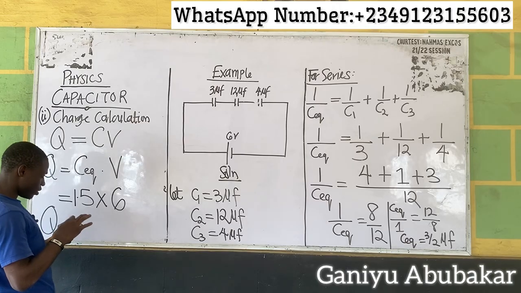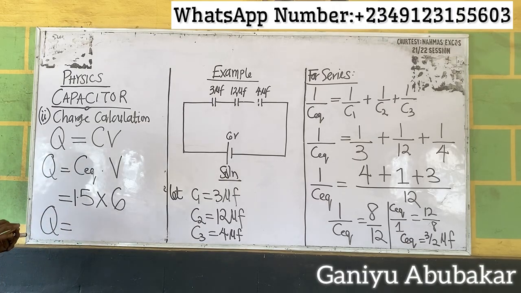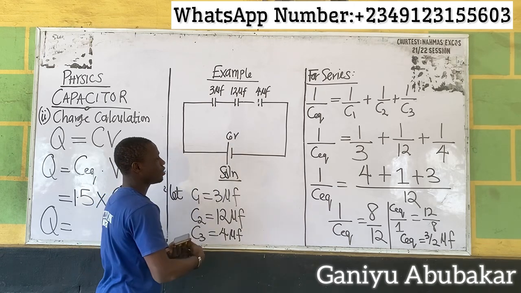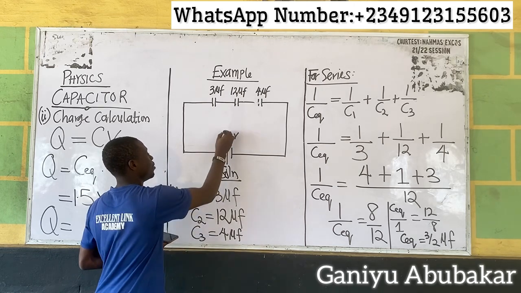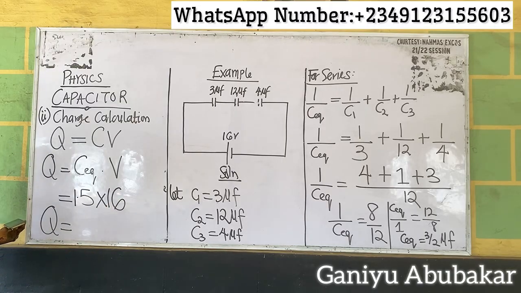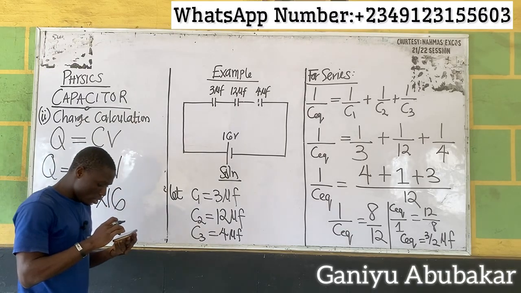Hold on, please. From the diagram, it is 16, not 6. The V is 16. So I have to just change the value here as 16.